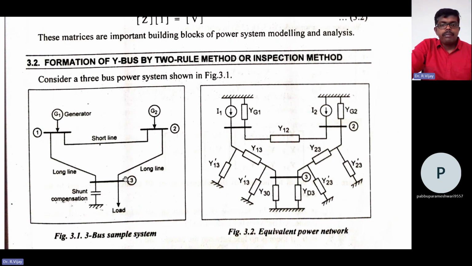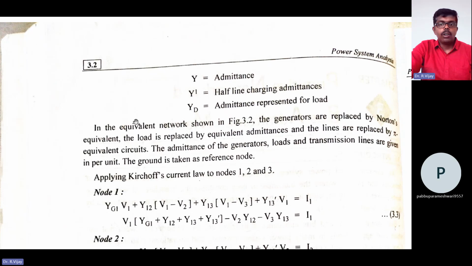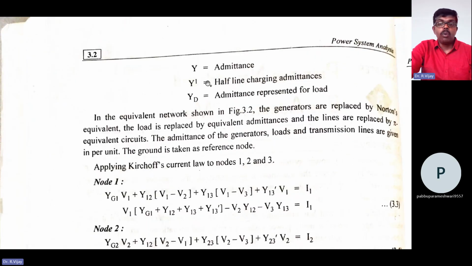We are converting this three-bus system into an equivalent power network. Y is nothing but admittance, Y dash is the line charging admittance, and Y is also the admittance representing the load.